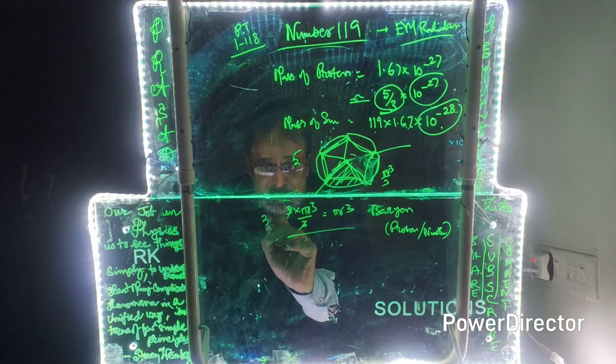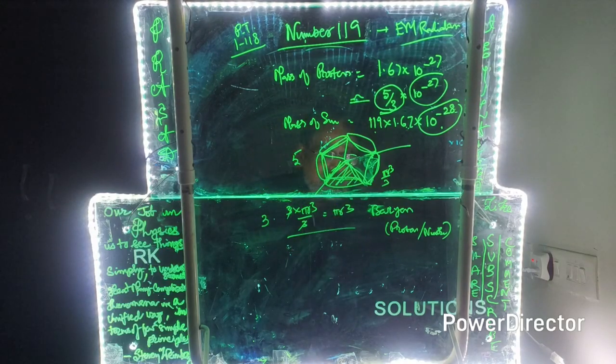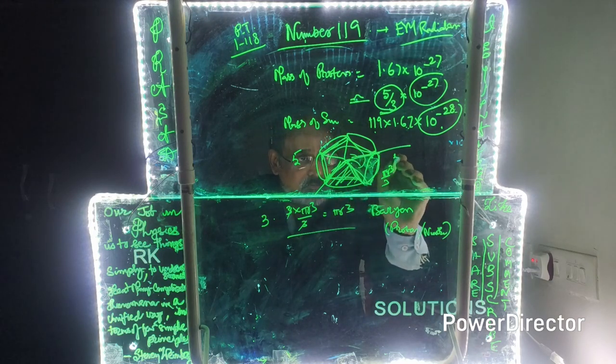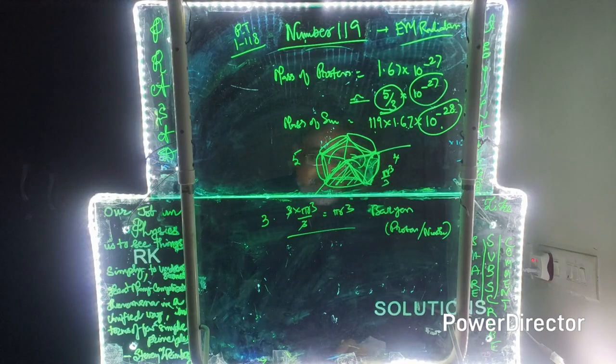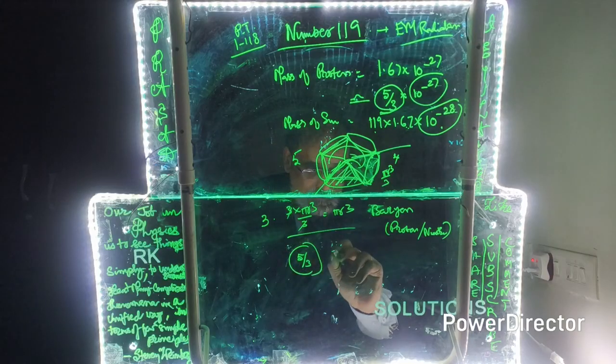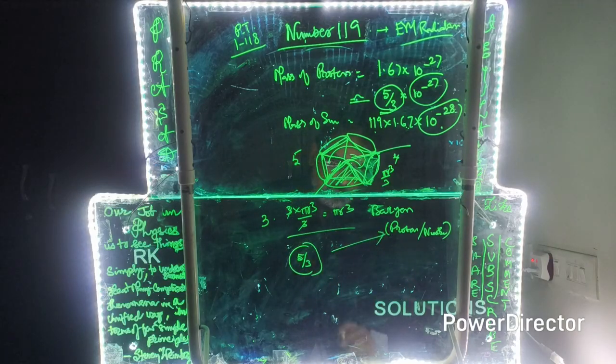This represents 3. And if you don't cut this off, this whole thing will represent 4. Right? So 5 by 3, if we take, that gives you proton or neutron or baryon.